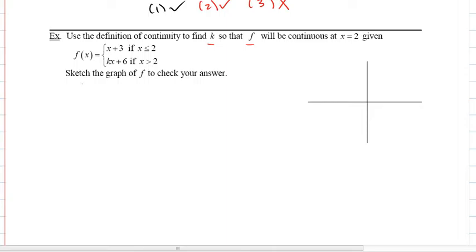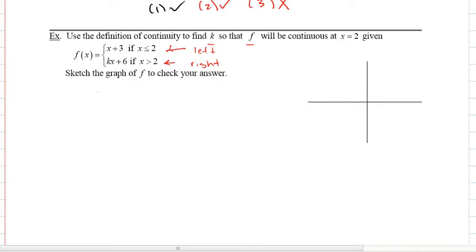The point must exist, the limit must exist, and the point and the limit must be the same. In piecewise functions, we're given two pieces. This is considered the left side of the graph. This is considered the right side of the graph. If we can find the limit as x approaches 2 from the left and from the right, then we can find our missing k value.